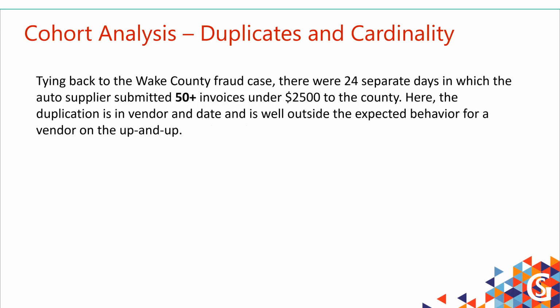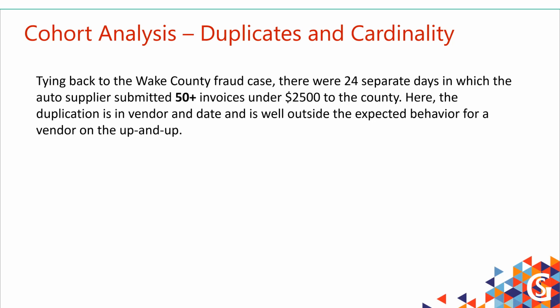In the Wake County fraud case, there were 24 separate days in which this auto supplier submitted at least 50 invoices, all of which were under that cutoff. To give you an idea of how important this is, typically a company is going to submit one invoice per day or one invoice per month or whatever.